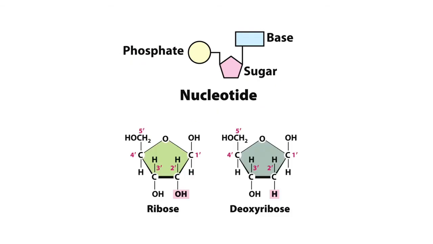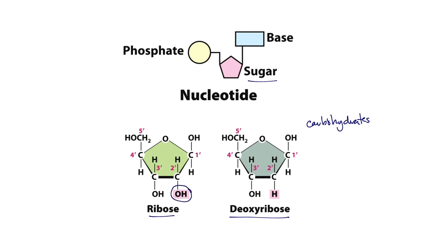Next, let's talk about the sugar component of the nucleotide. We've got ribose and deoxyribose. They're both carbohydrates, sugars in their ring form. And there's one important difference between ribose and deoxyribose.